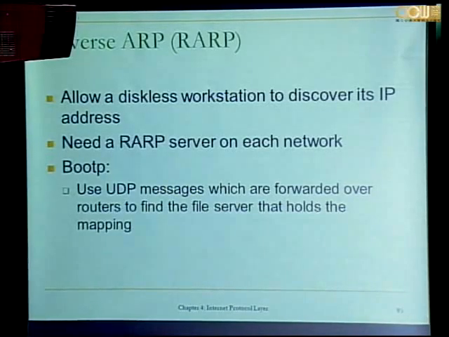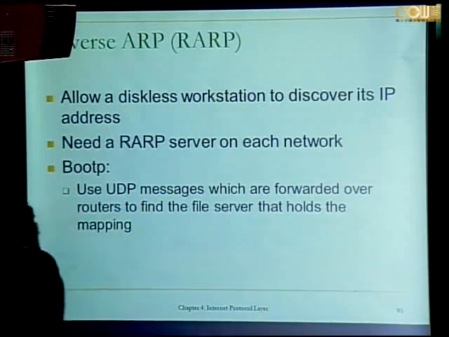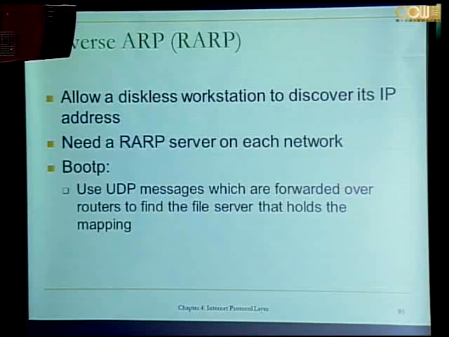Or, another way around, we could have a RARP proxy on the router. Even though there's no RARP server on this subnet, the RARP proxy would handle it for you. This RARP proxy does not hold your IP address, but it would forward your RARP request to a RARP server on another subnet.